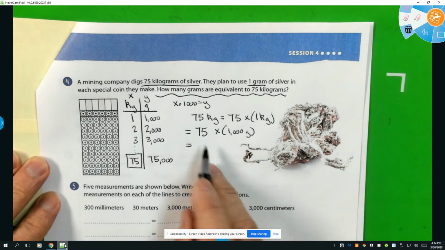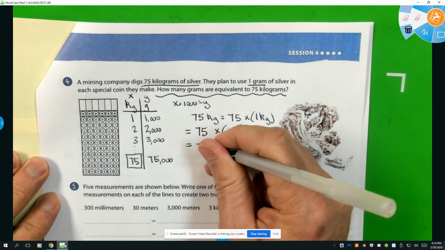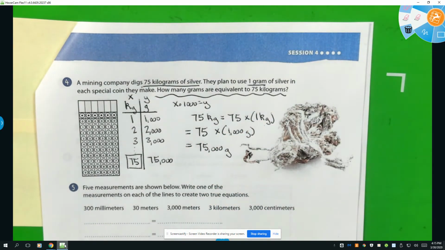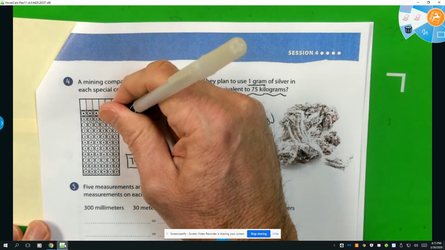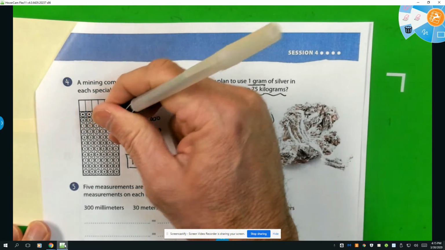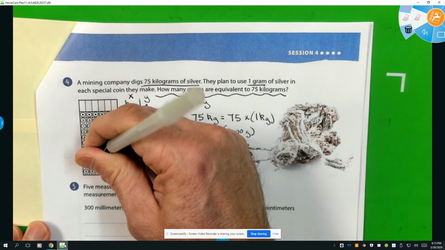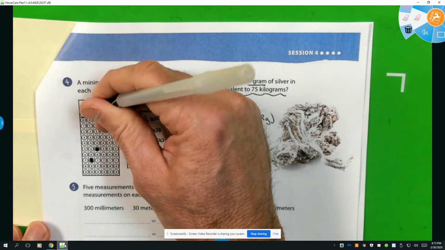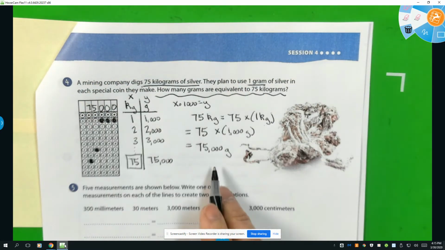And that's the same as saying 75 times 1, putting the 3 zeros on the end. So 75,000 grams. Okay, if you're doing this at home, all you'd have to do is fill in this 0 on the bubble, this 0, this 0, and then down here the 5 and the 7. That would give us 75,000 kilograms, or I'm sorry, grams.